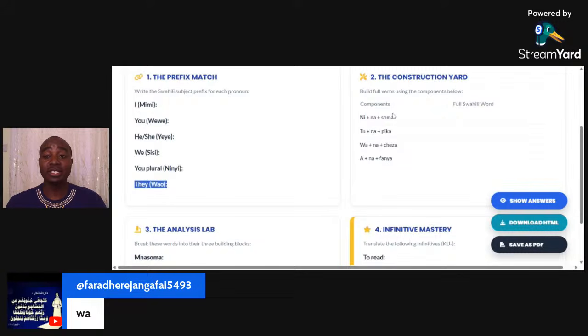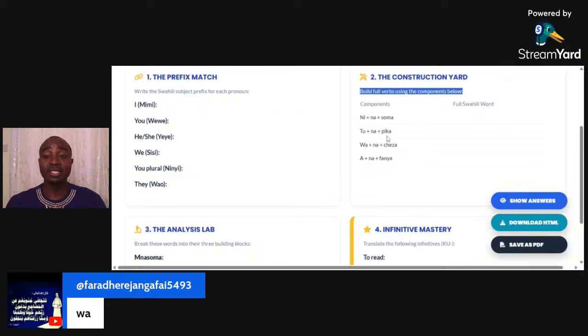We continue. Number 2: build full verbs using the components listed below.